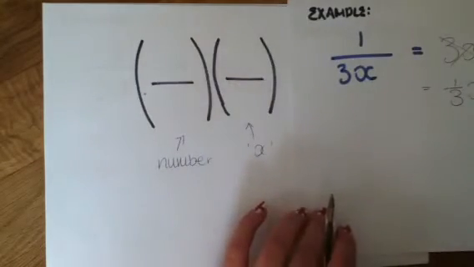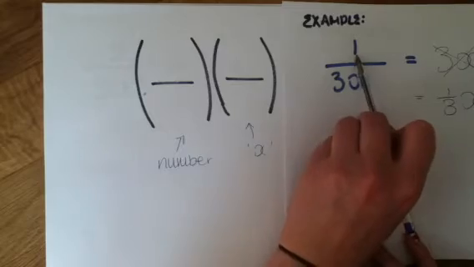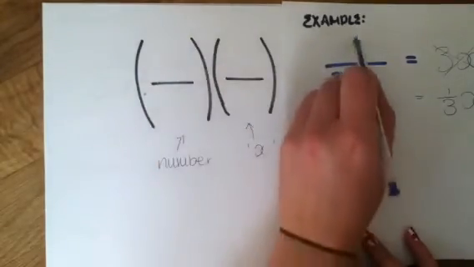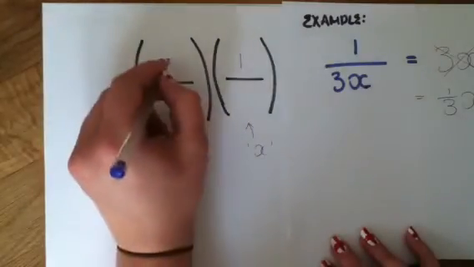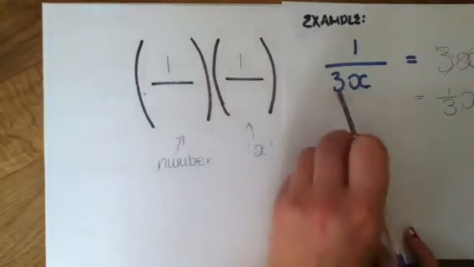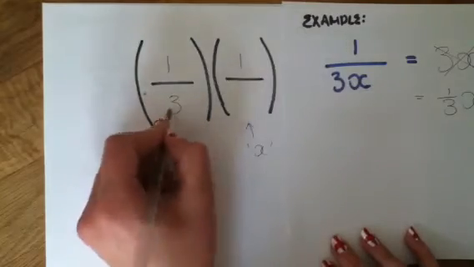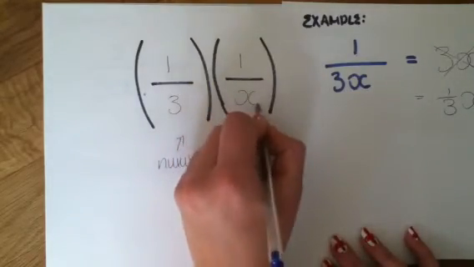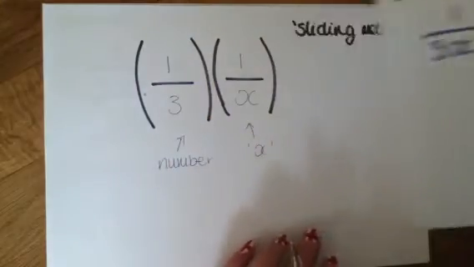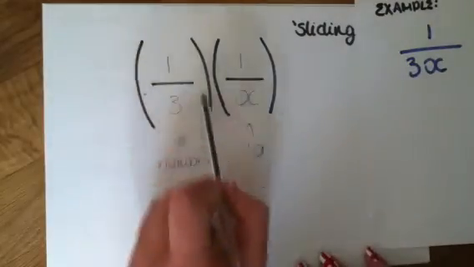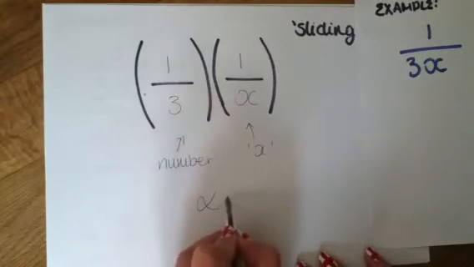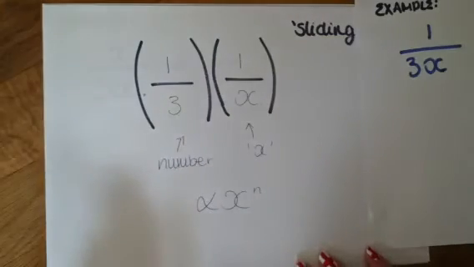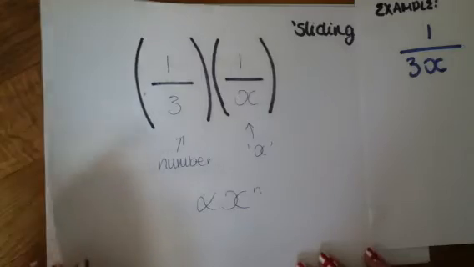Taking this example, for instance, we can look at 1 here, and there's no x's on the top, and when there's nothing you just pop a 1, and again there's a 1, and if we look at the numbers here, there's a 3 on the bottom, and then there's an x there. And what this will do is allow us to manipulate the numbers and then the x's in order to get something of the form, again, alpha x to the n. So let's look at some examples.